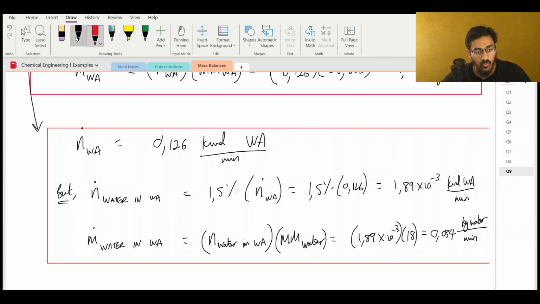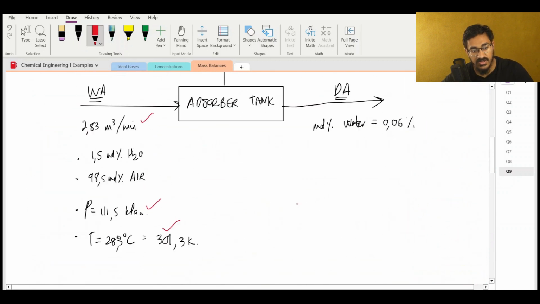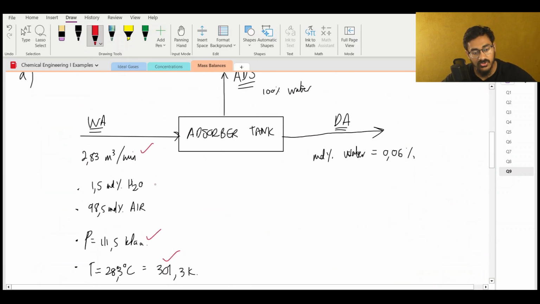So now I know the mass of water in the wet air, and that is 0.034 kilograms. So I can actually go up and write it here if you want to. 0.034 kilograms of water.